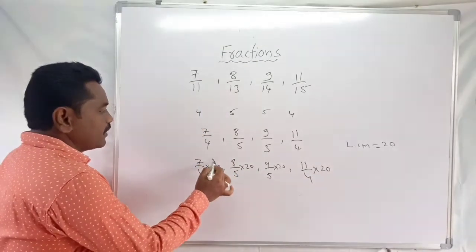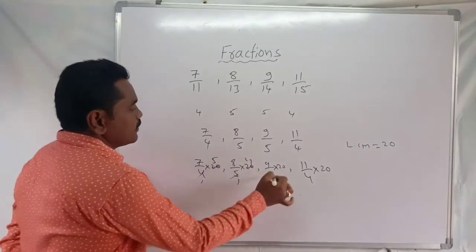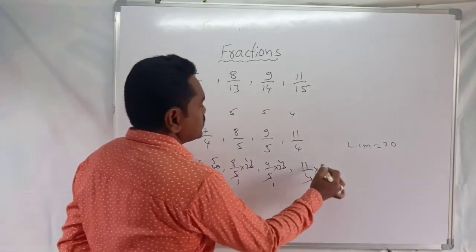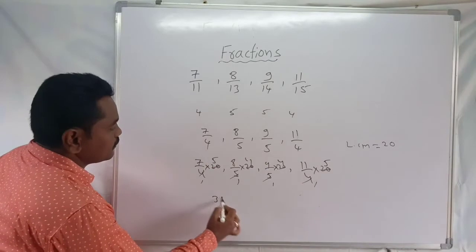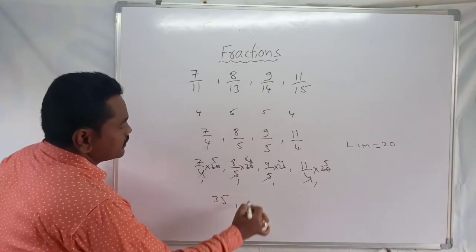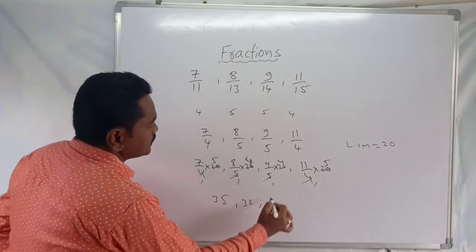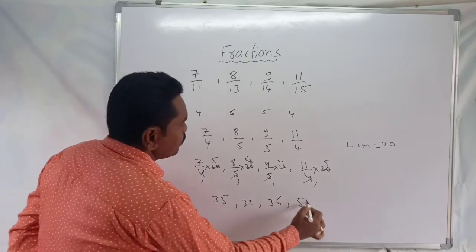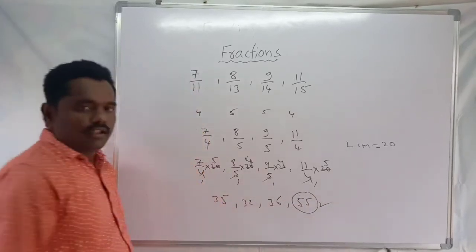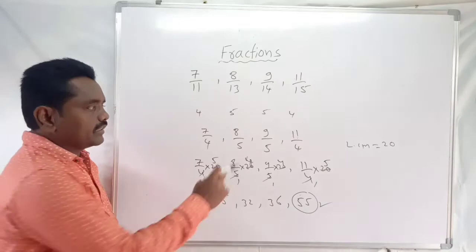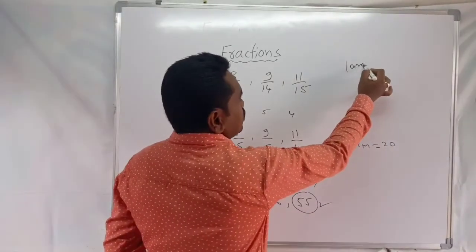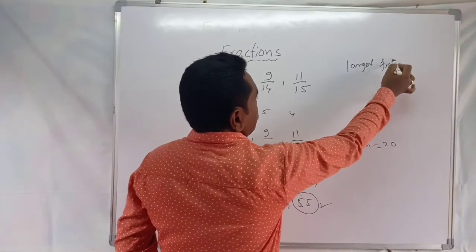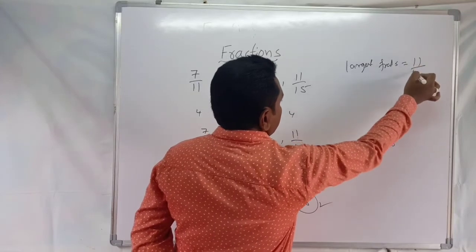Calculating: 5 fours are 20, 5 ones are 5, and so on. That gives 35, 32, 36 and 55. So this is the largest. The largest fraction is 11 by 4.